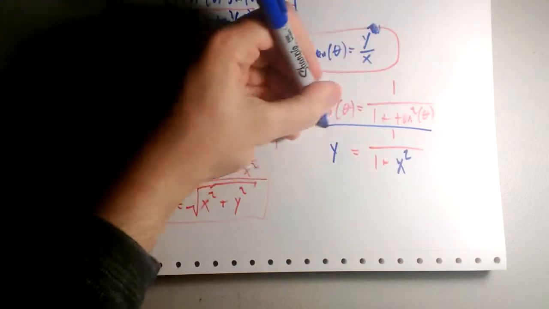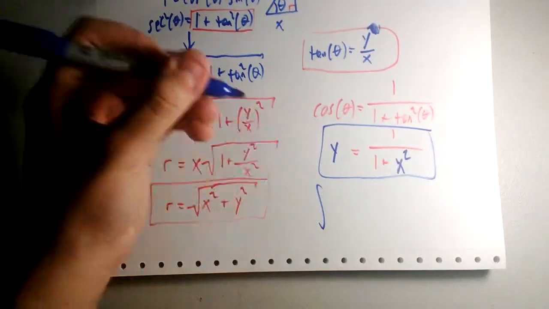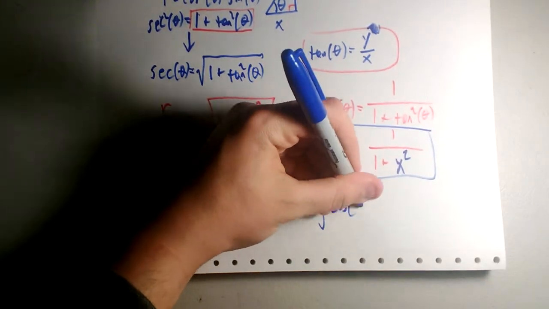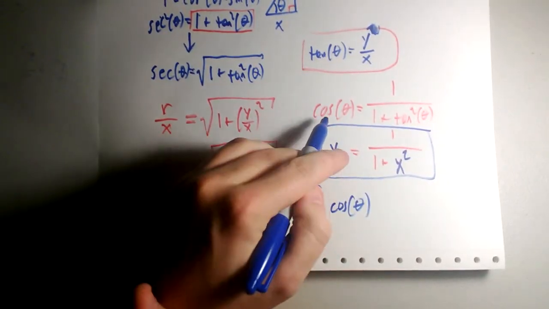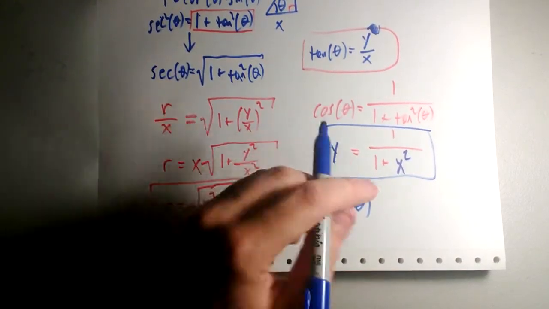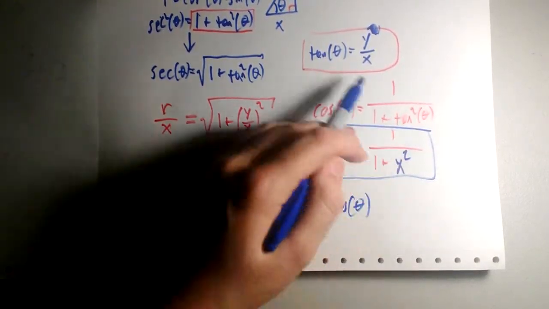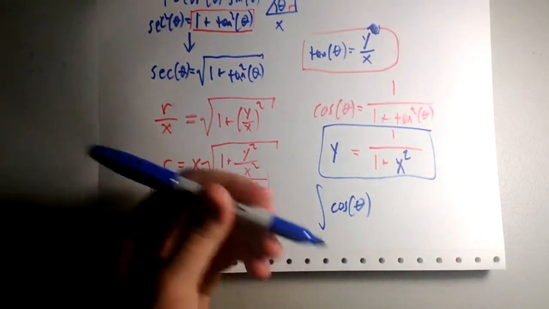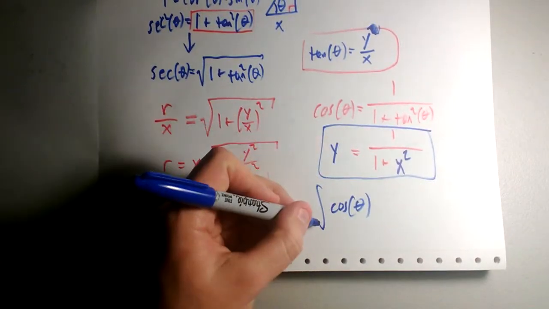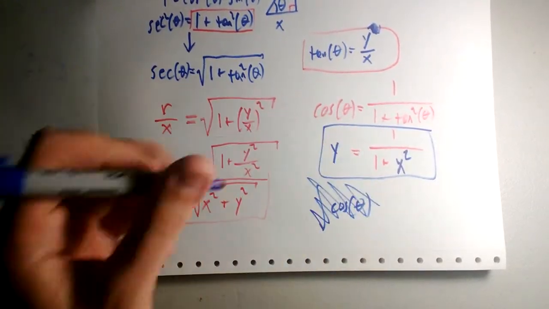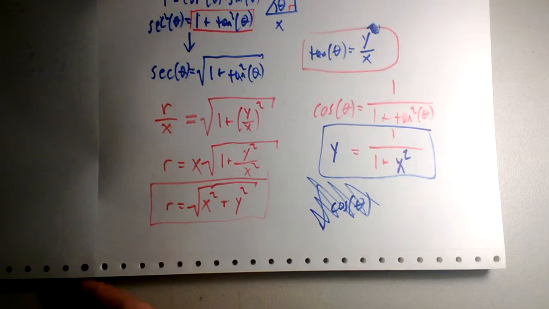So if you see something in this form, that means when you take the integral, you want to take the integral of cosine here, don't you? Cosine would be a lot friendlier of an integral to take than this guy over here. So it's all about converting between these. All right, there's no stop to it. However, it's not as easy as just simply plugging in tangent, because you have to plug in its derivative when you use these formulas.